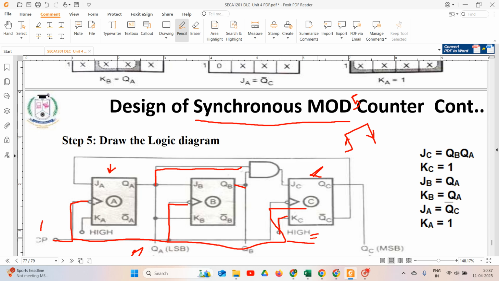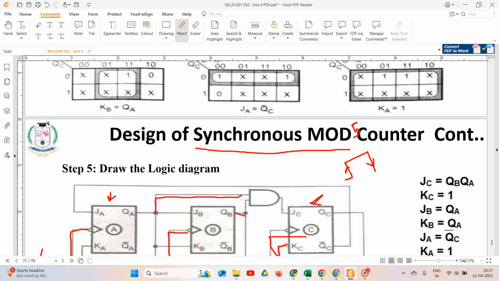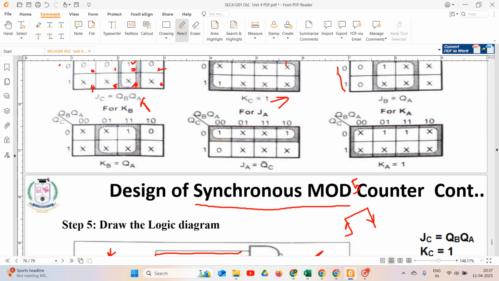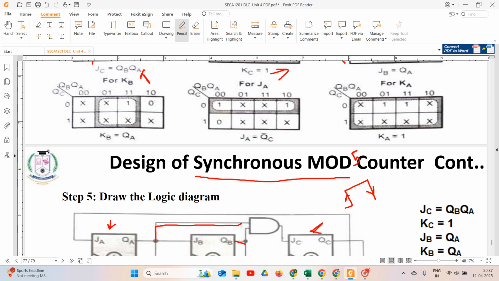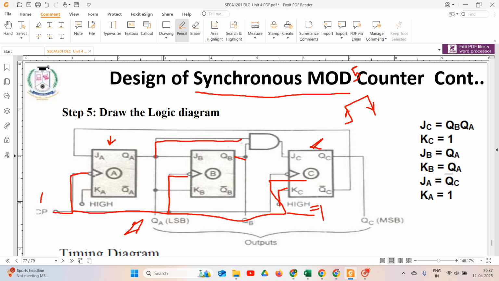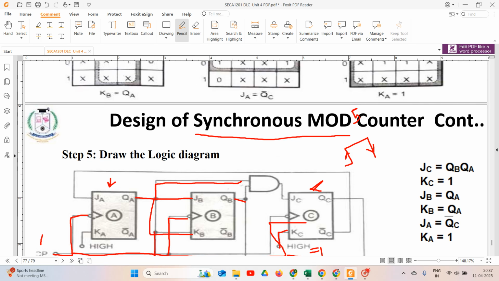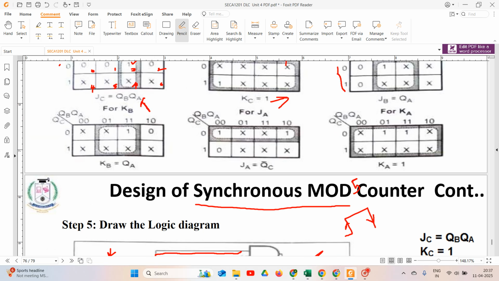After that, for JB, QA, and for KB, QA. So you have to connect the output of QA to JB, and also the same output to KB, right? After that, JA and KA.